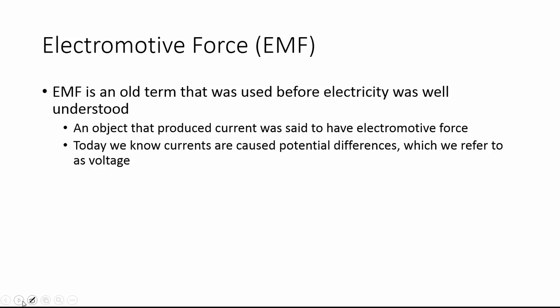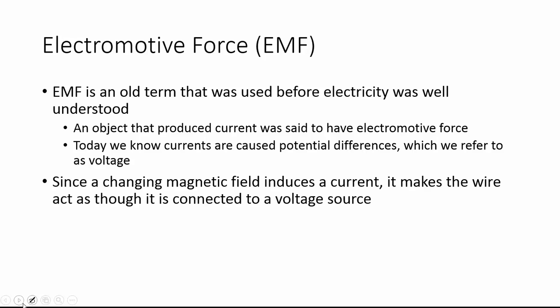So when you see the term EMF, you should think voltage. It's simply an old school term for that. Because a current is induced in a wire, that wire is acting like it's hooked up to a voltage source. So we say that a changing magnetic field induces an electromotive force, which creates the current in the wire.